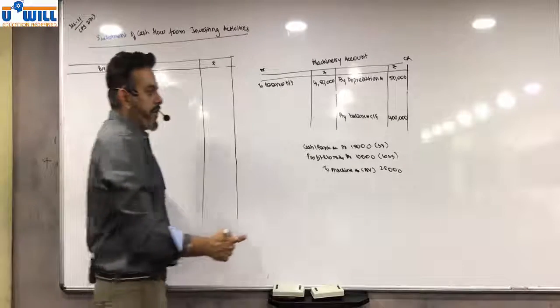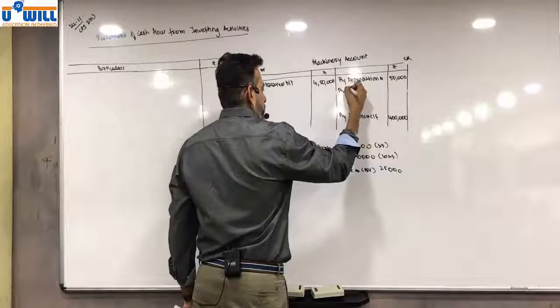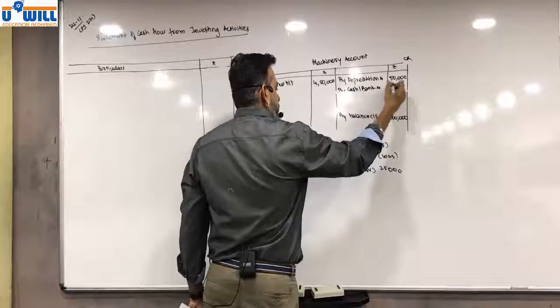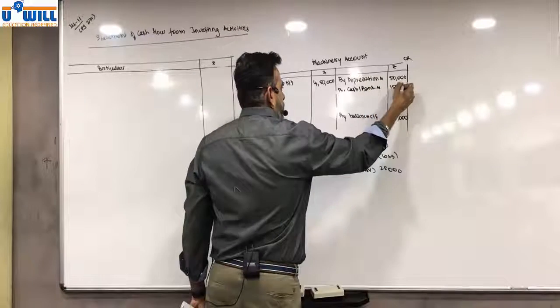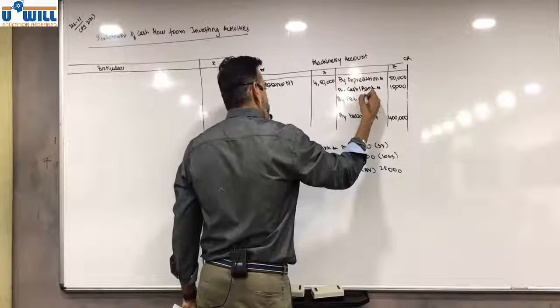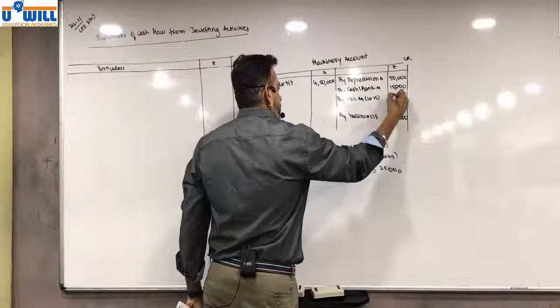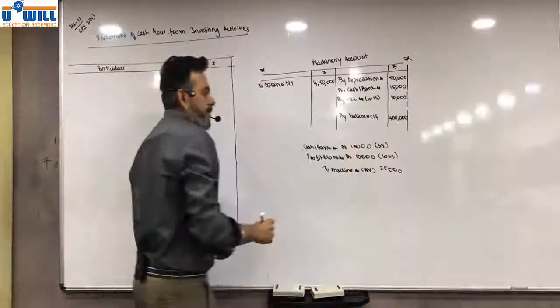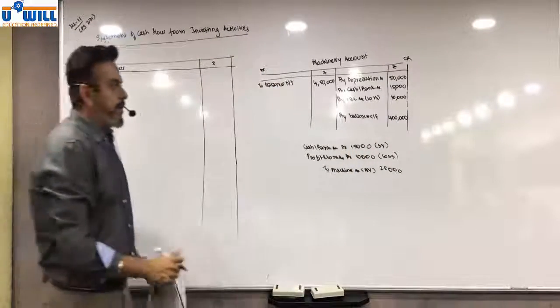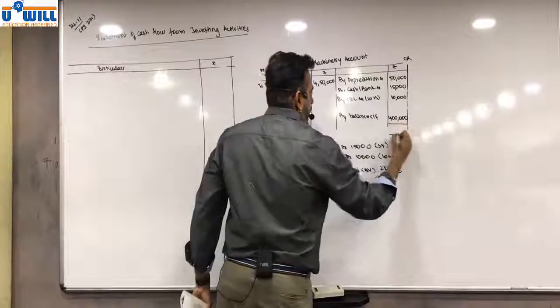Now we do the posting by bank $15,000 and by profit and loss account, loss 10,000. That's it. All done. Close it. Balance it.